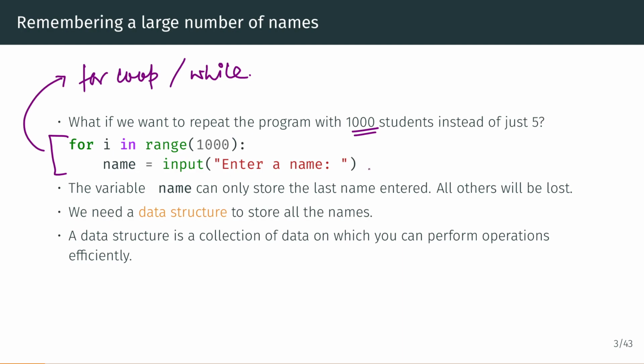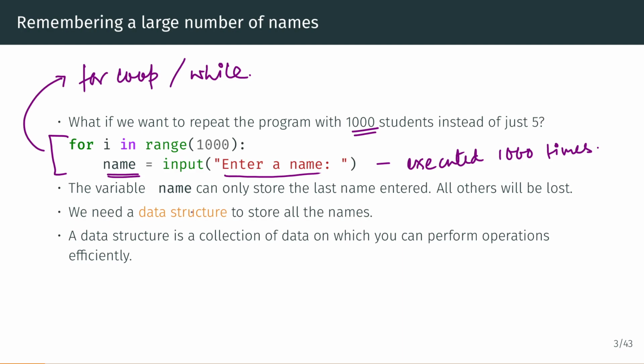So this entire thing would be executed 1,000 times. Name equals input, enter name. That's you prompting the user to enter a name, and then you save the name in a variable which you have called name.